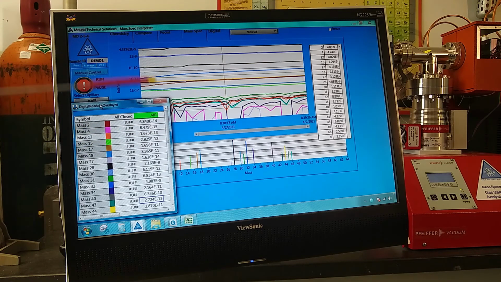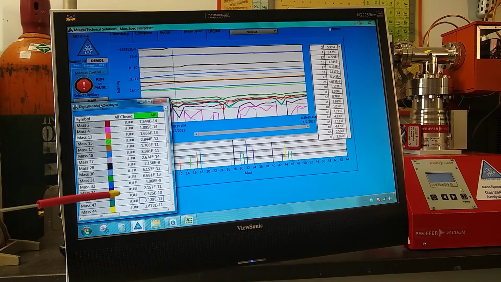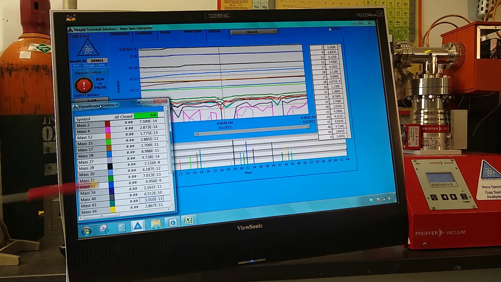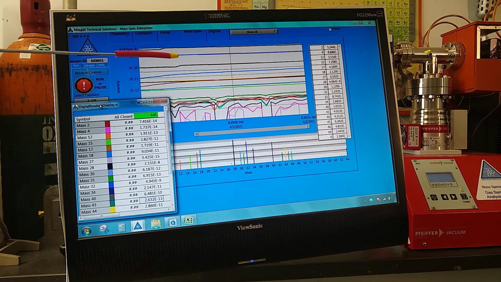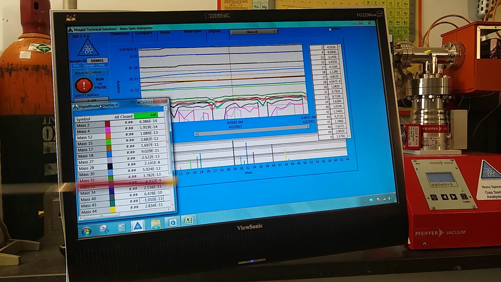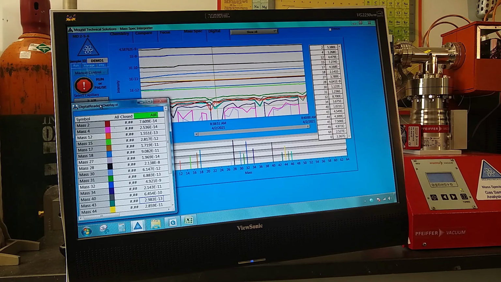The second is this royal blue line, which is associated with mass 32, and as we know, mass 32 is oxygen, so that is our oxygen component. Below that, we're going to find things such as the gray plot, which is argon, mass 40, and we'll see the water plot, which is the lighter blue, mass 18 plot.